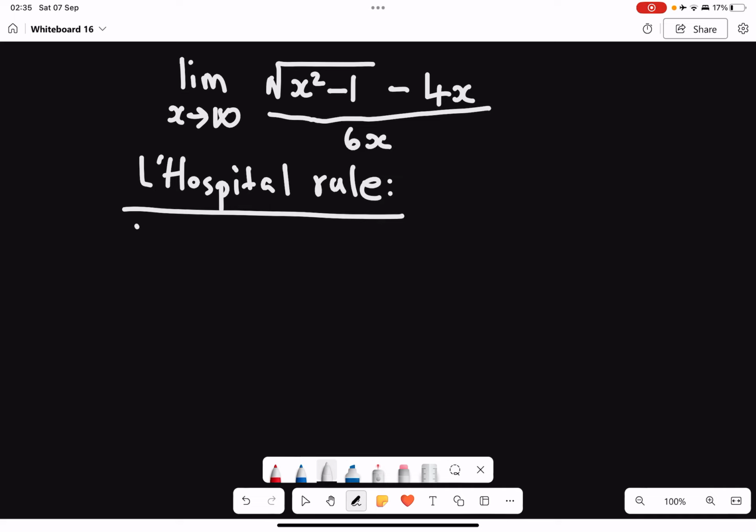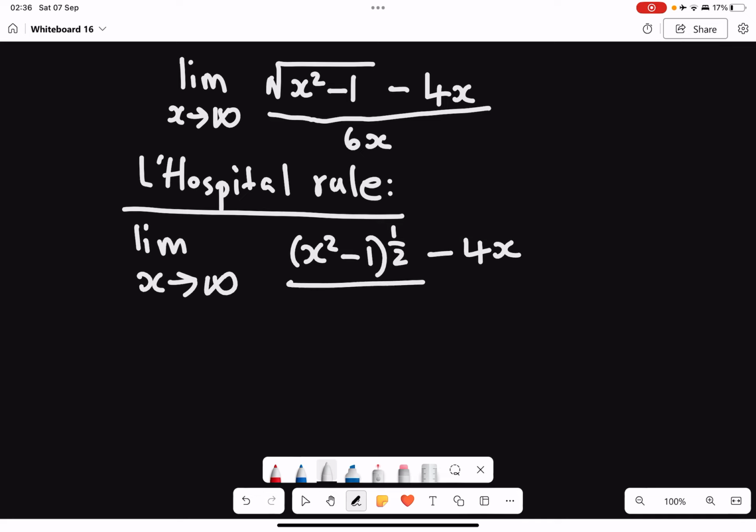So I'm going to rewrite my limit in such a way that it's very easy to differentiate. We know that the square root can be written in this form: x squared minus 1 to the power of half, then minus 4x, all over 6x.